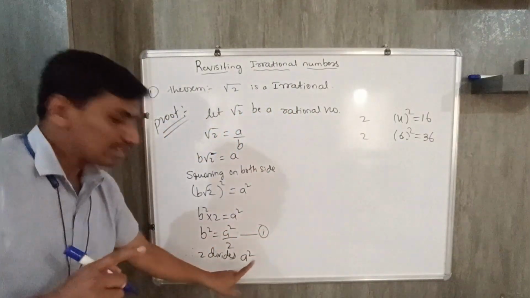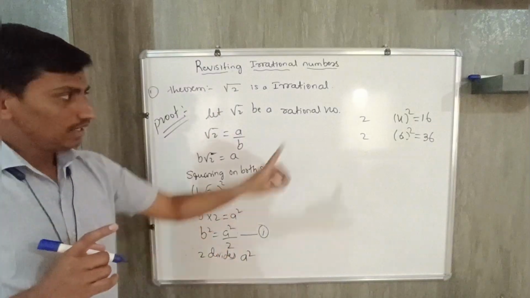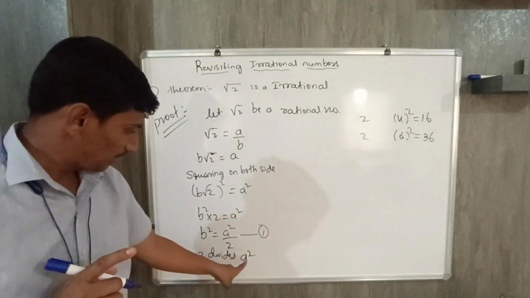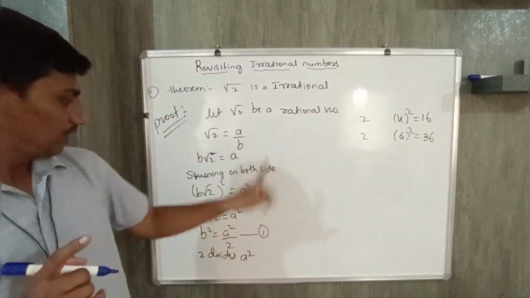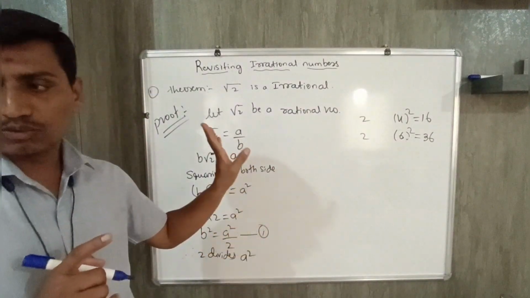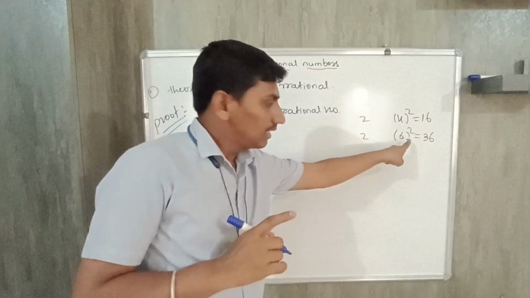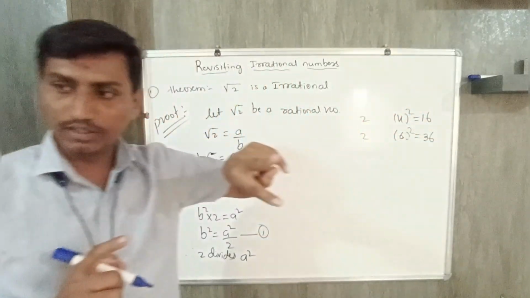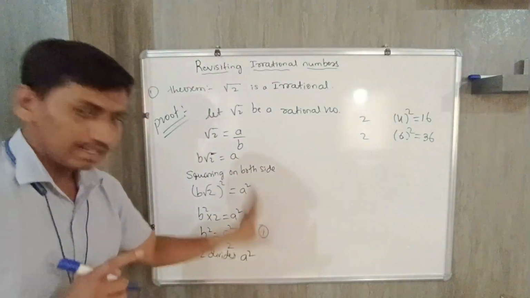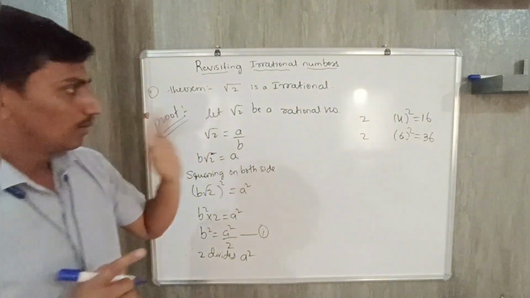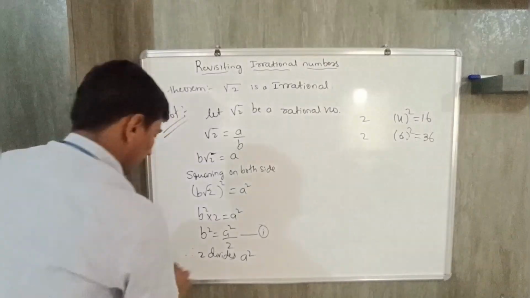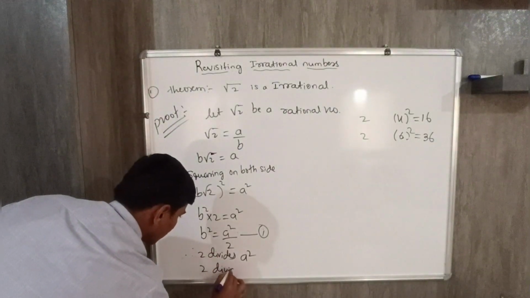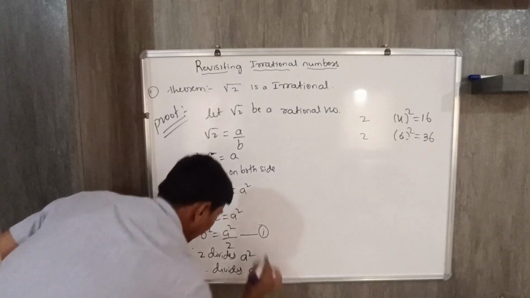So 2 divides a square. Now to prove 2 divides a: 2 divides 4 square, 2 divides 6 square, so 2 divides both. So from 2 divides a square we get that 2 divides a.